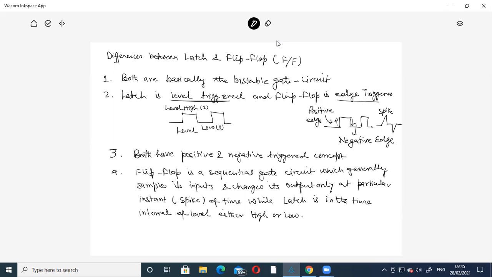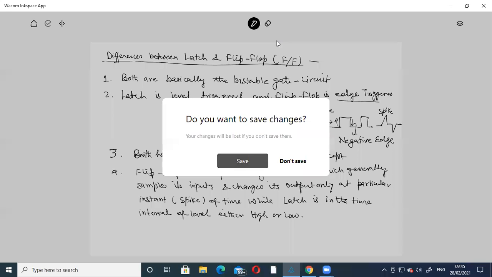So the time interval means this time interval. So these are the differences between the latch and flip-flop. And these are the four differences. The major difference is the level operating, and here it is the edge operating.